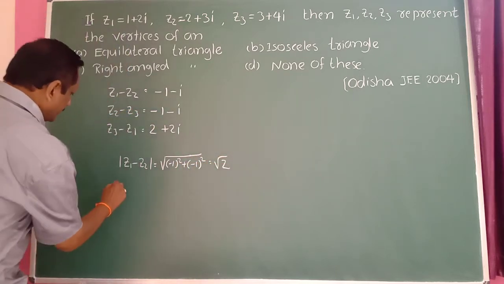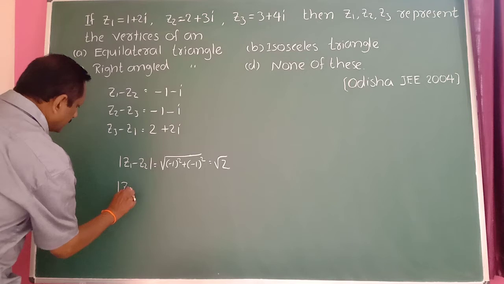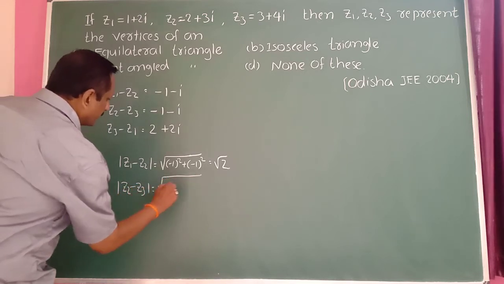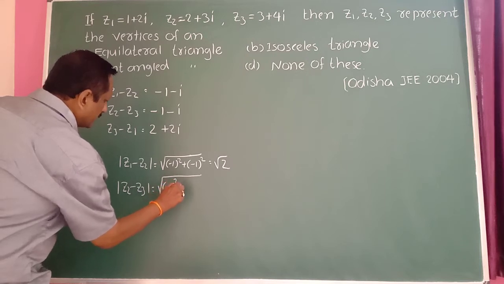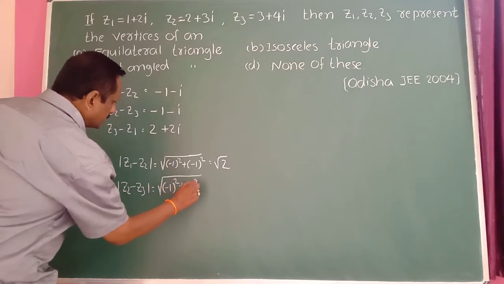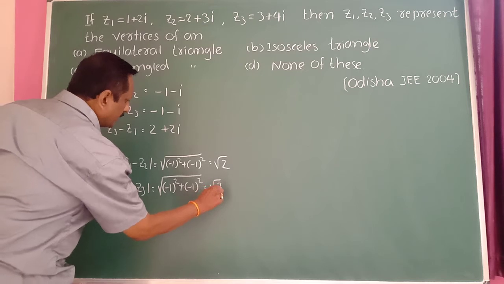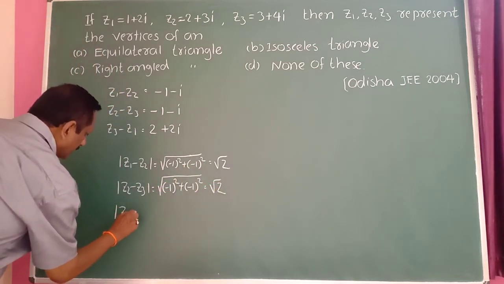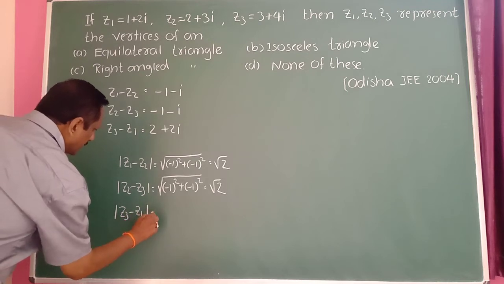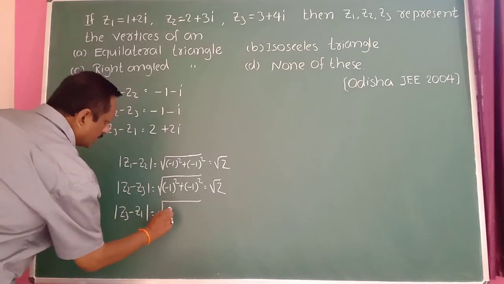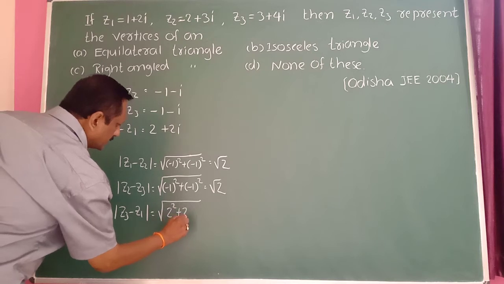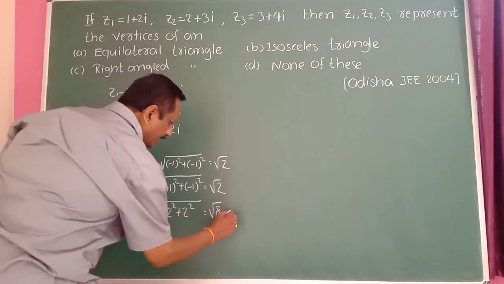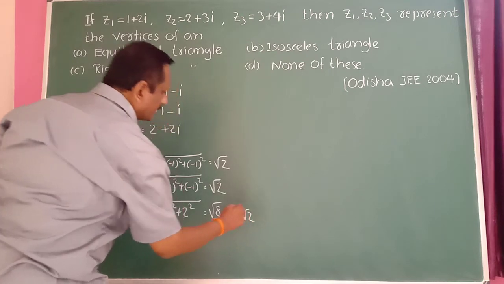Similarly, modulus of z2 minus z3 gives the root of minus 1 square plus minus 1 square, again root of 2. Modulus of z3 minus z1 gives the root of 2 square plus 2 square, the root of 8, which is 2 root 2.